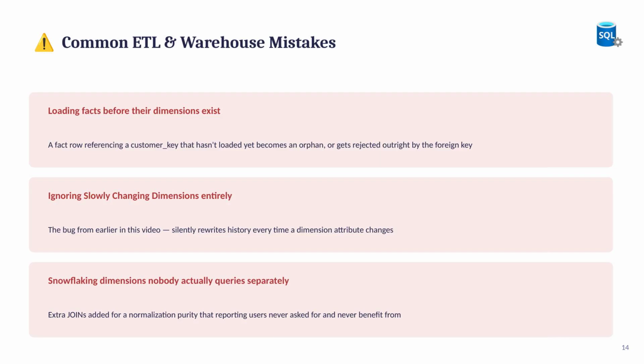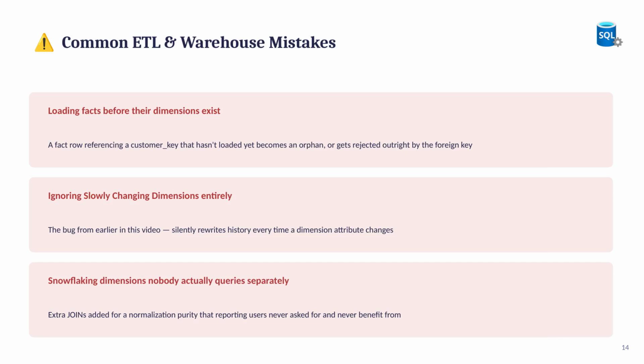Let's cover the mistakes worth watching for. First, loading fact rows before their dimensions actually exist. A fact row referencing a customer key that hasn't loaded yet becomes an orphan, or gets rejected outright by the foreign key constraint. Exactly like the missing foreign key problem from part 10, just showing up in a completely different context here.